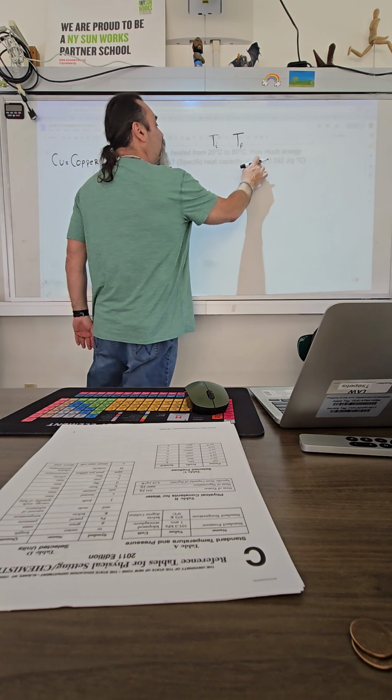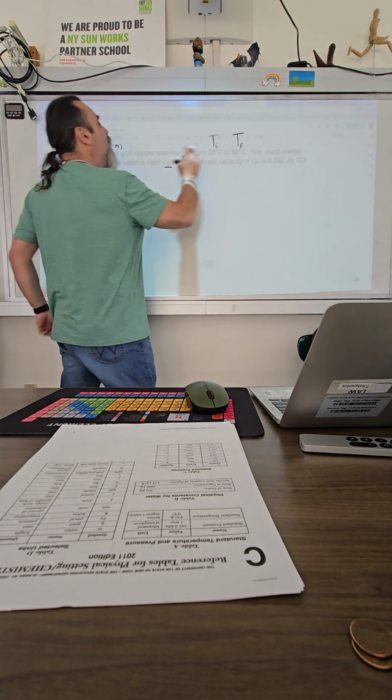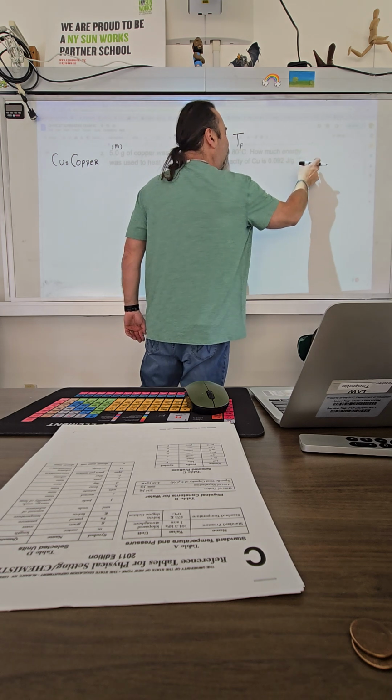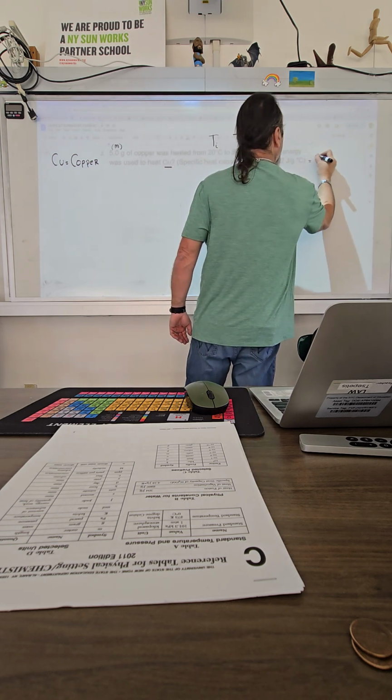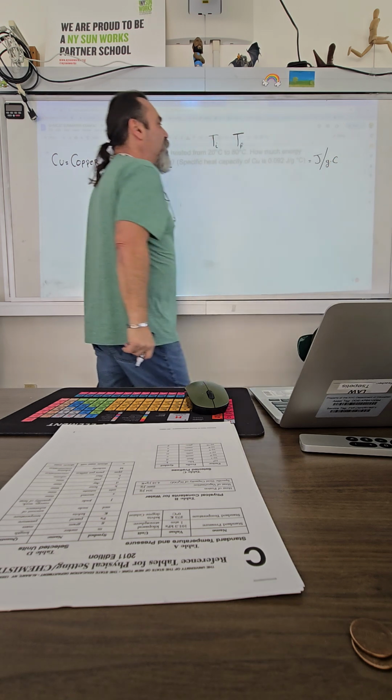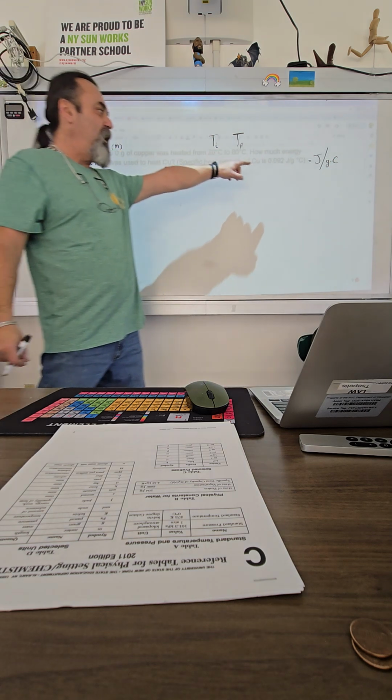The specific heat capacity of Cu, which we now know is copper, is 0.092 joules per gram times Celsius. This is the unit that you and I derived in that last problem. It's the same thing as what they gave you.